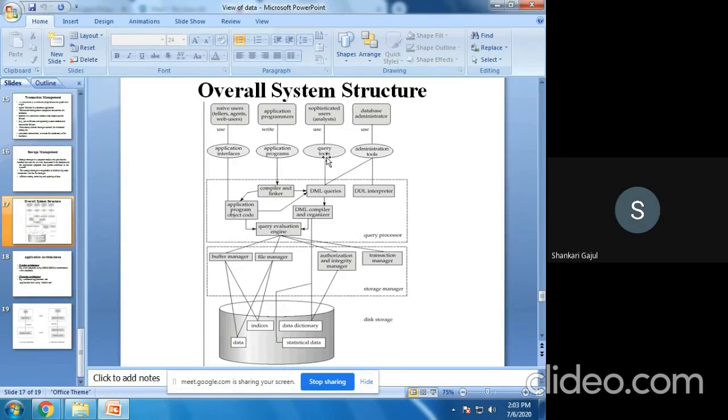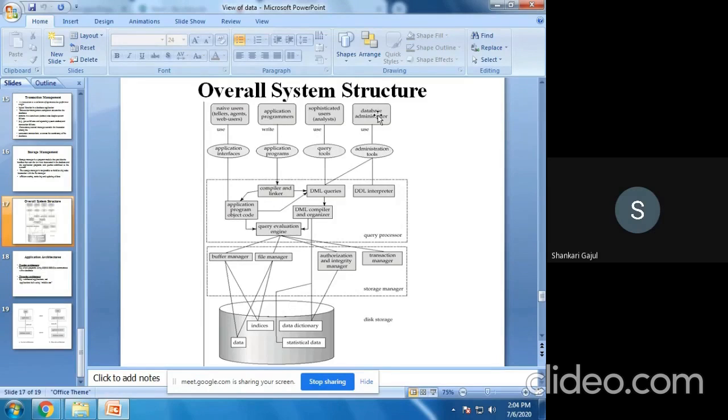How many query tools are there, and what do we mean by query? That we will discuss next. So the sophisticated user indirectly interacts with the system by using database query languages, and by using those they can communicate with the data storage.